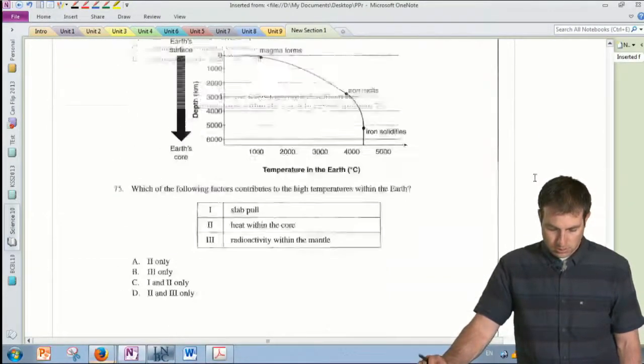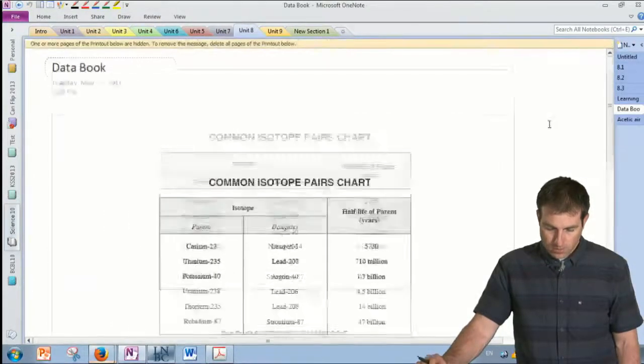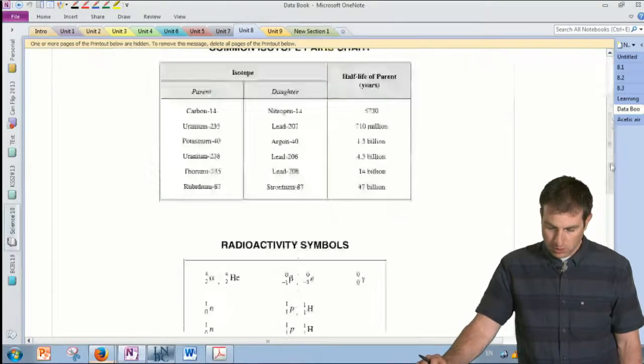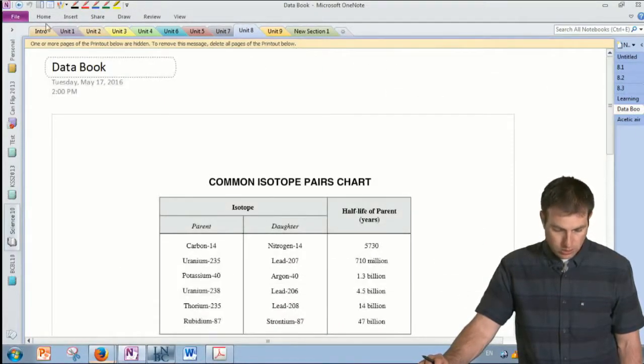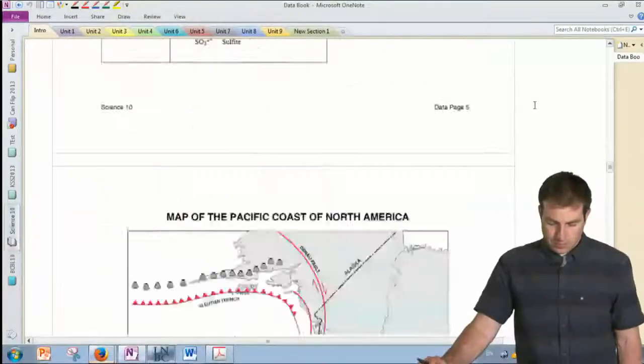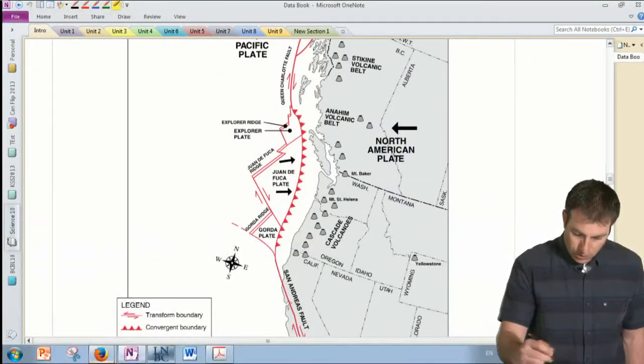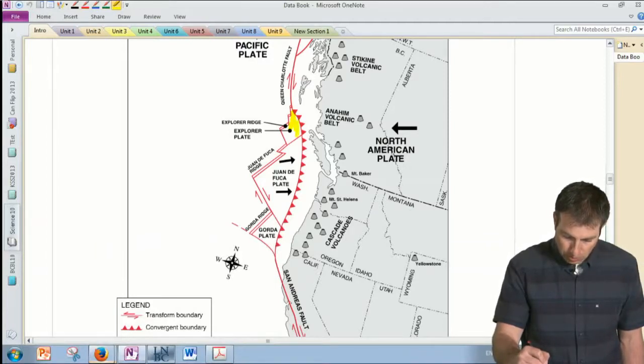76. Which of the following factors is responsible for the continued motion of the Explorer plate off the coast of BC? So I find my data booklet, here's the Explorer plate.